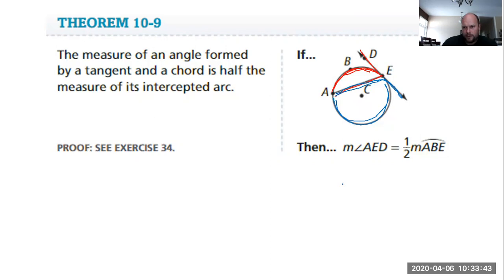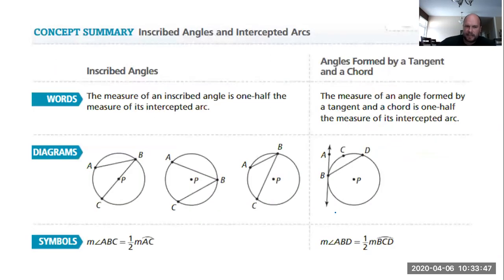Yeah. So far, the ideas here are all based on the same main topic. An inscribed angle or an angle formed by a chord and a tangent, they both have that same exact property. The angle is going to be half of its intercepted arc. And that's what this little summary is about.